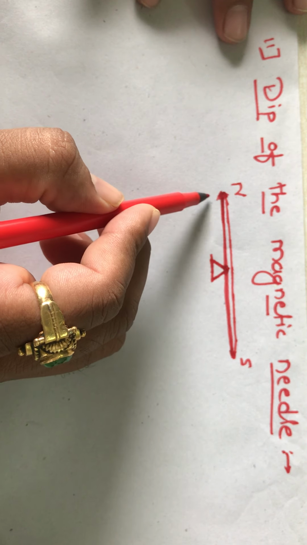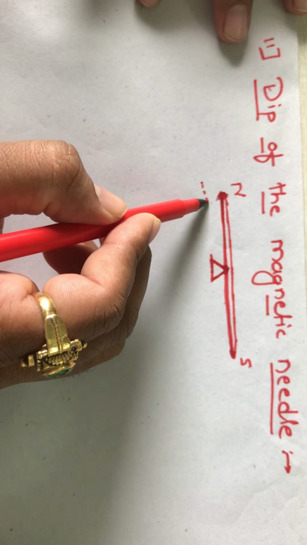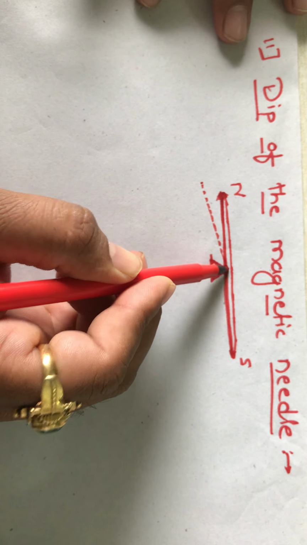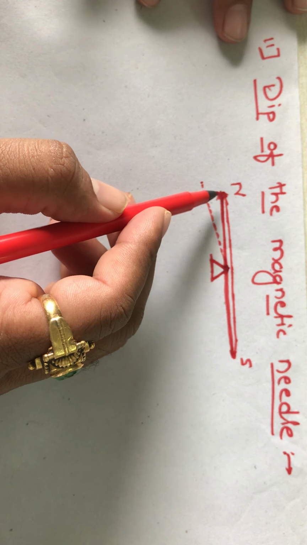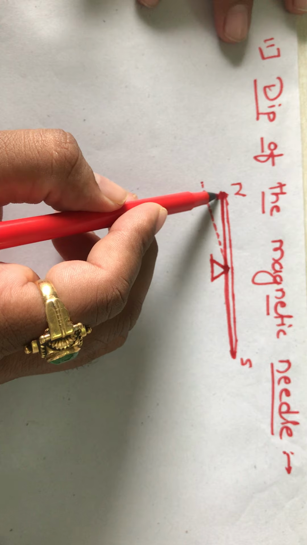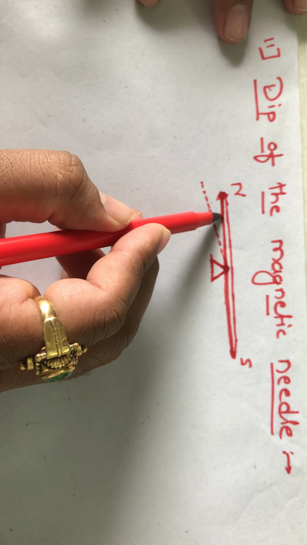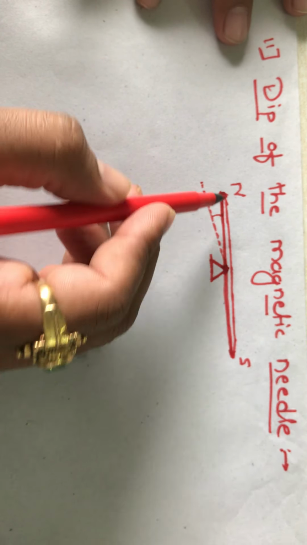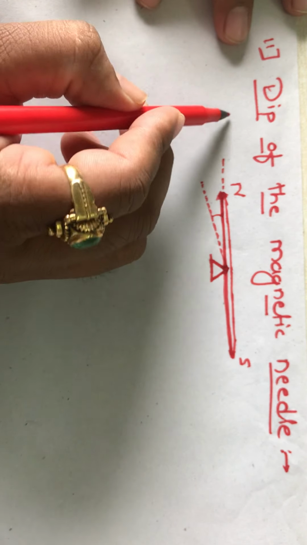Due to some magnetized substances, when the north pole dips, it shows the angle with this horizontal line.